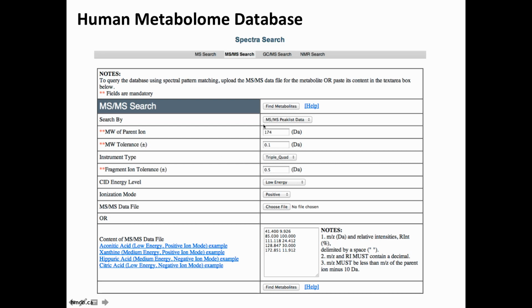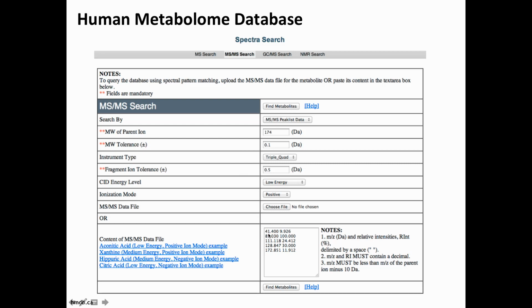You basically provide information on the parent ion mass and on the tolerance. And you say, I saw a parent ion at this range, and the more precise that is, the better it is, because it will use this accurate mass of this precursor to basically cull down all the experimental spectra. And then you need to provide the spectrum.